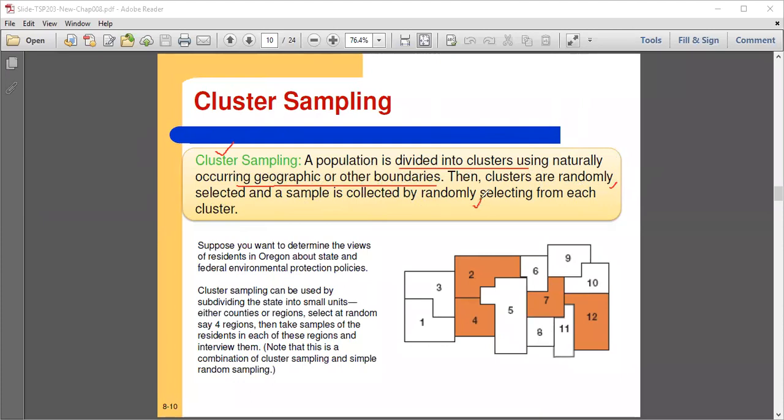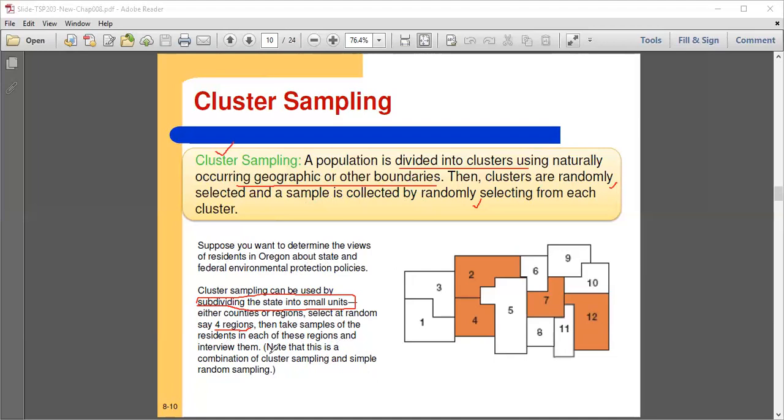Suppose you want to determine the views of residents in Oregon about the state and federal environmental protection policies. Cluster sampling can be used by subdividing the state into small units, either counties or regions, select at random, say 4 regions, then take a sample of residents in each of these regions and interview them.